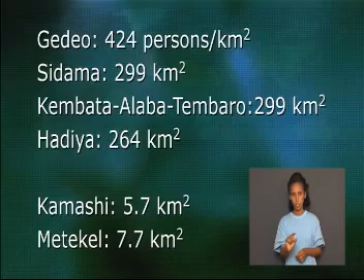Several other zones, which have not yet been calculated, such as Somali and Afar, likely have population densities that are even lower. In today's lesson, you learned about the spatial distribution of Ethiopia's population. You learned the definition of population distribution as compared to population density, and you discussed why certain regions of the country are more heavily populated than others.